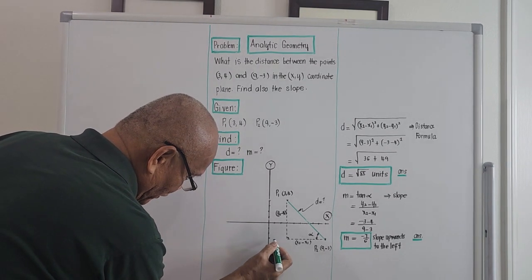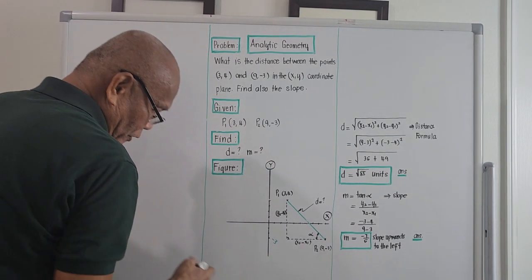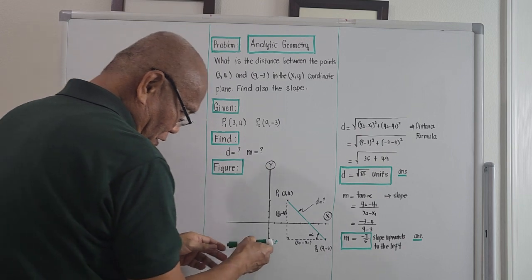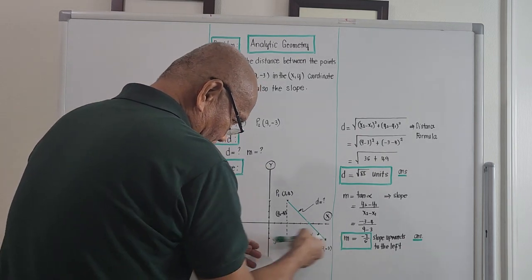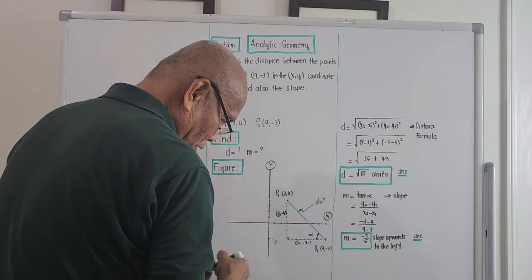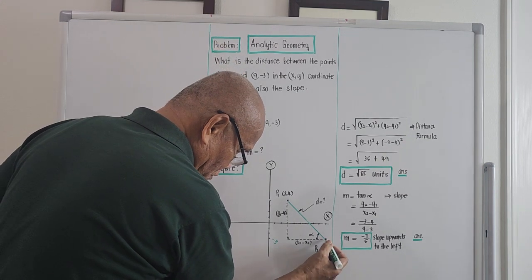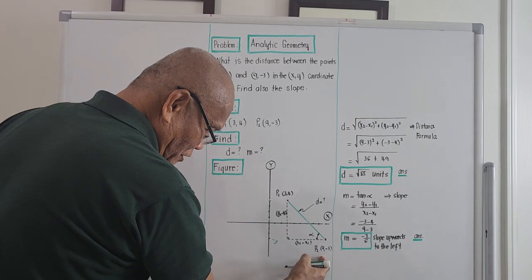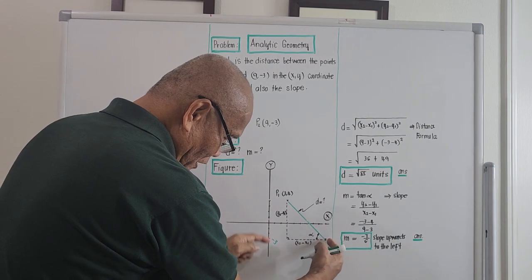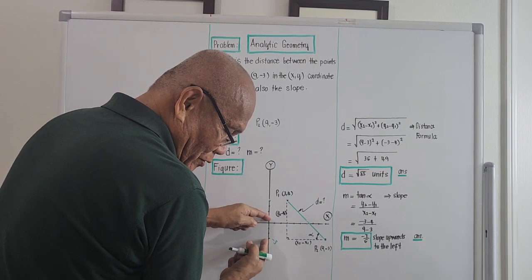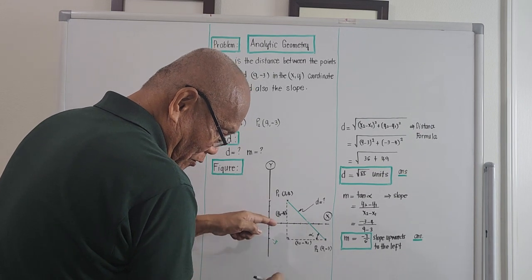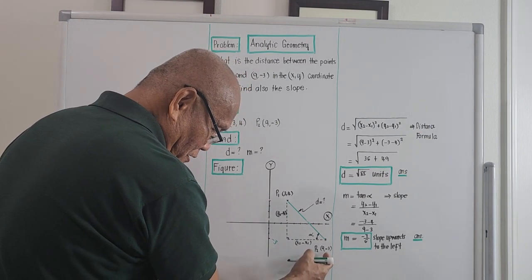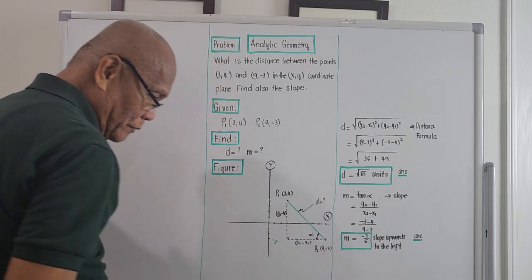This is actually negative 3. So the intersection of this horizontal line and vertical line represents the second point. It is actually with the coordinates 9 and minus 3, meaning the abscissa is 9 units and the ordinate is 3 units, but it's negative because it's below the x-axis. So the coordinates is actually 9 and minus 3.